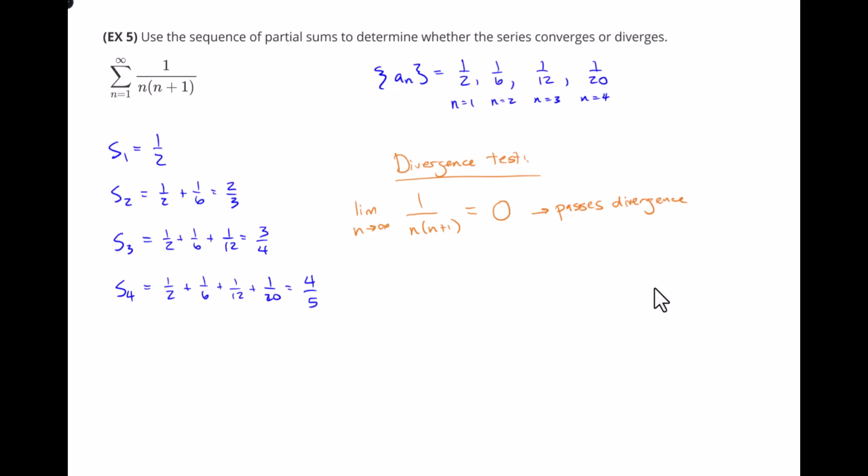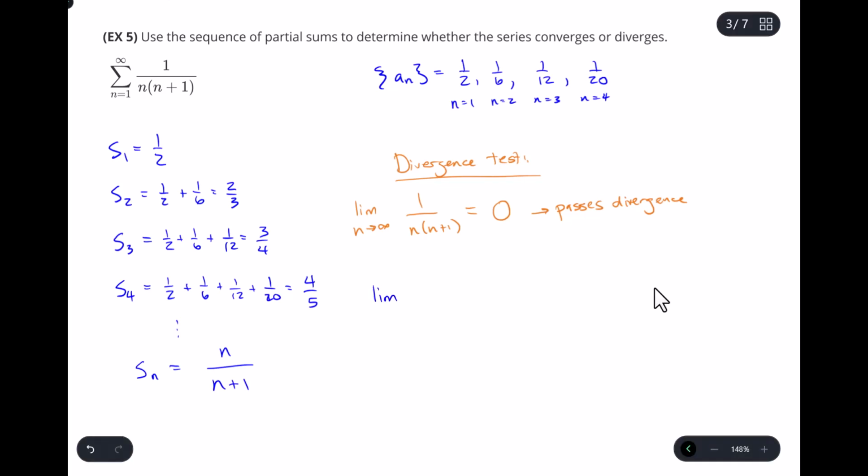All right, now it looks like we are getting a sequence that's pretty predictable. I think we can say here comfortably the numerators are just increasing by n, and the denominators are increasing by n plus 1. So the limit of the partial sums is what the value of the limit of these terms is.